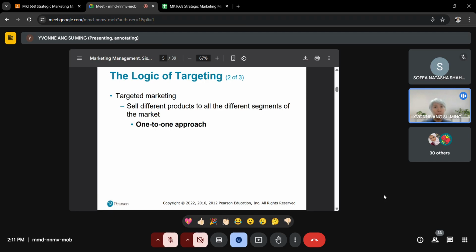But as we've already established, sometimes companies are unable to cater to all the wants of the segments because the segments are different. So when they use targeted marketing, they go for all the different segments, but they have different products to sell.